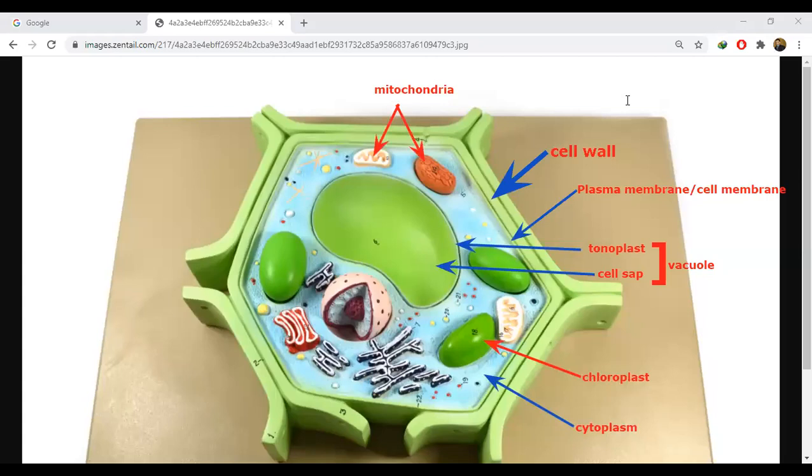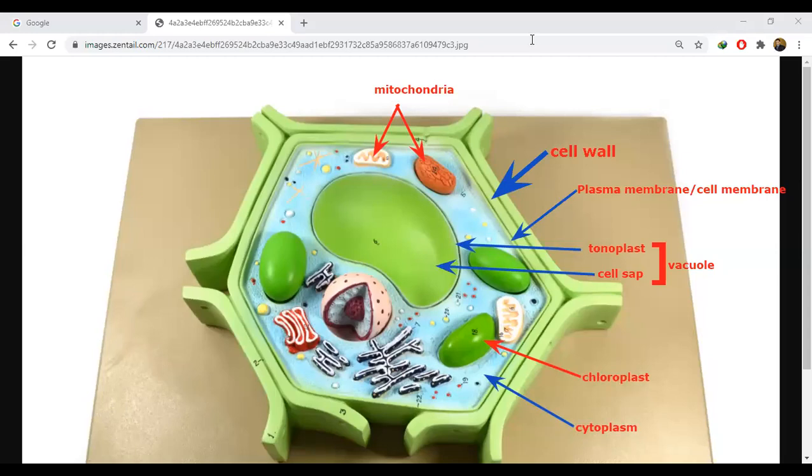No mitochondria. Look carefully. Clearly identify them. Yes, yes, mitochondria is there.